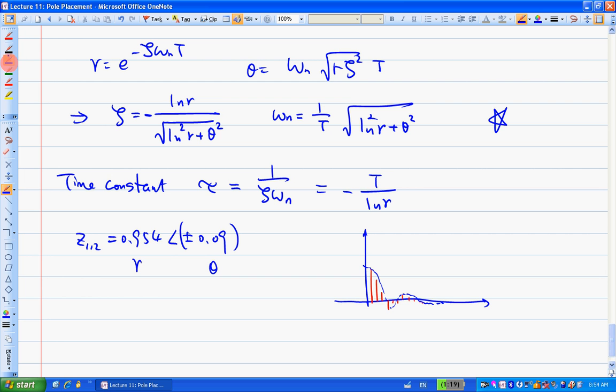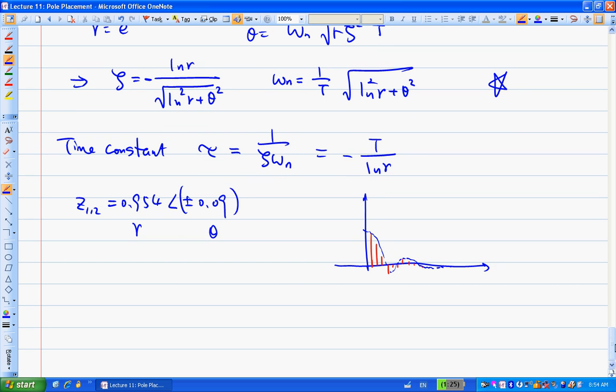So then the question here is, you look at this zeta omega, and given the r and theta, what would be the damping ratio zeta? What would be the natural frequency omega n corresponding to a second order continuous system? So we can plug this r and theta back into this zeta omega n right here to calculate the corresponding damping ratio and omega n.